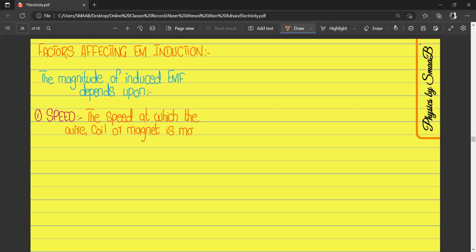Suppose the movement is very fast, what will be the magnitude of induced EMF? Is it greater or less? Greater? Yes, if you move the magnet or the coil very fast through the field, the value of induced EMF will be greater. And if you move that conductor or magnet very slowly through the field, there will be less induced EMF, right?